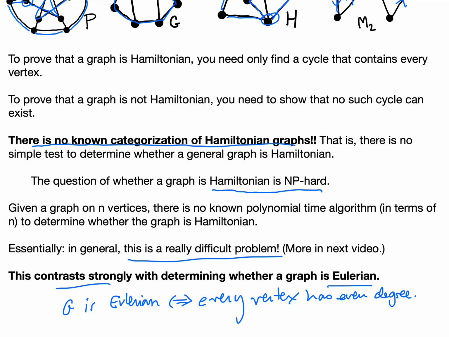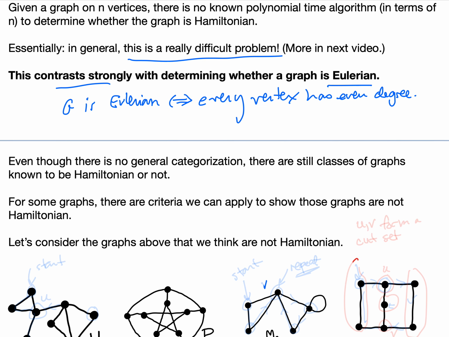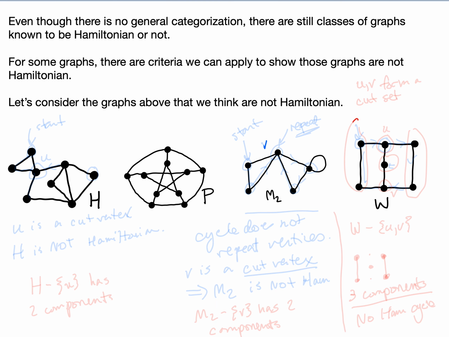So this is a super simple test to determine whether or not a graph has an Eulerian circuit, whereas there is no good test, no single good test to determine whether or not a graph is Hamiltonian. So even though there is no general categorization of which graphs are Hamiltonian, for some graphs there are criteria that we can apply to show that a graph is not Hamiltonian.